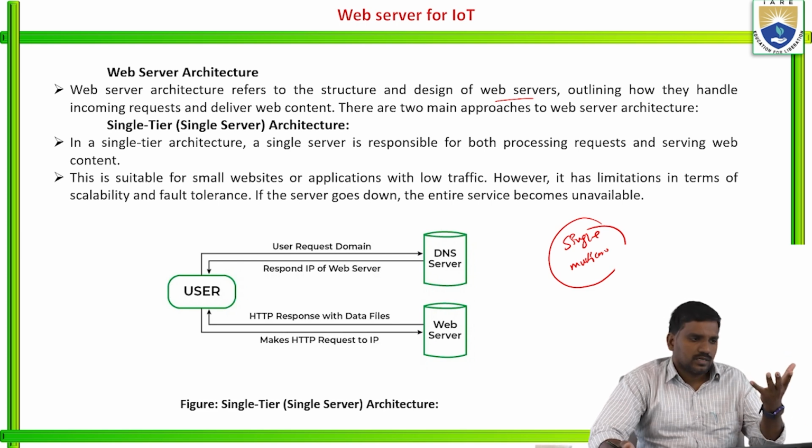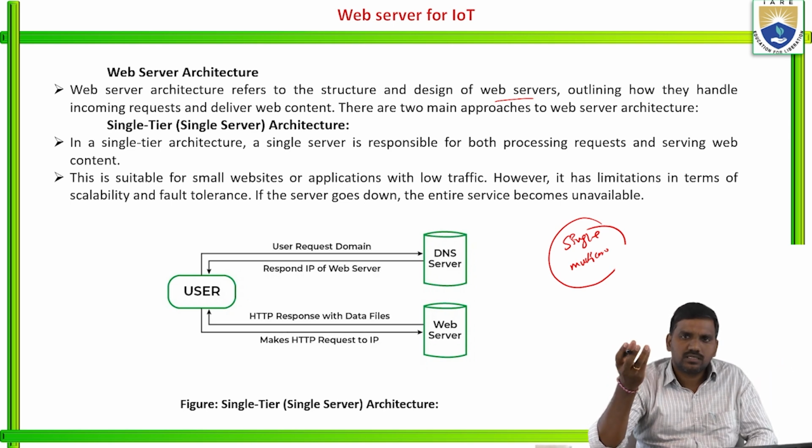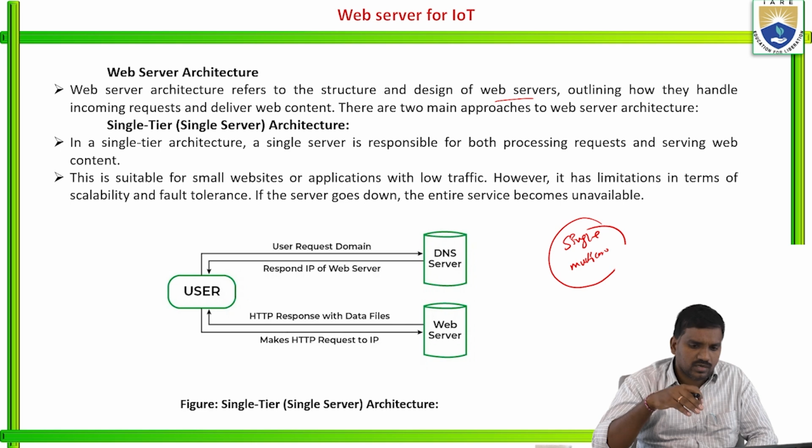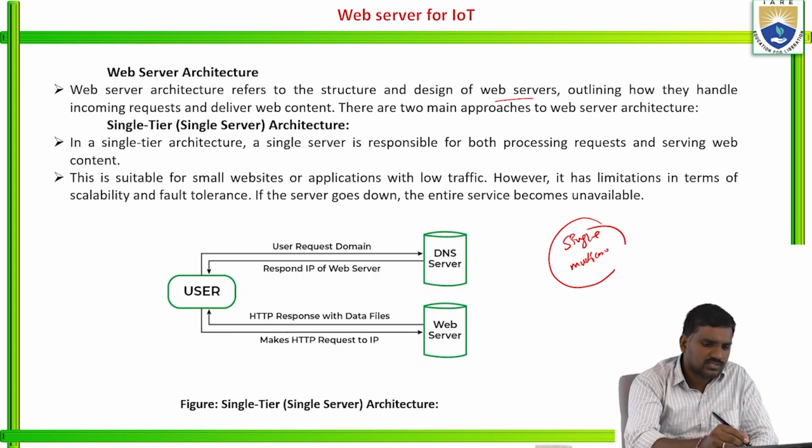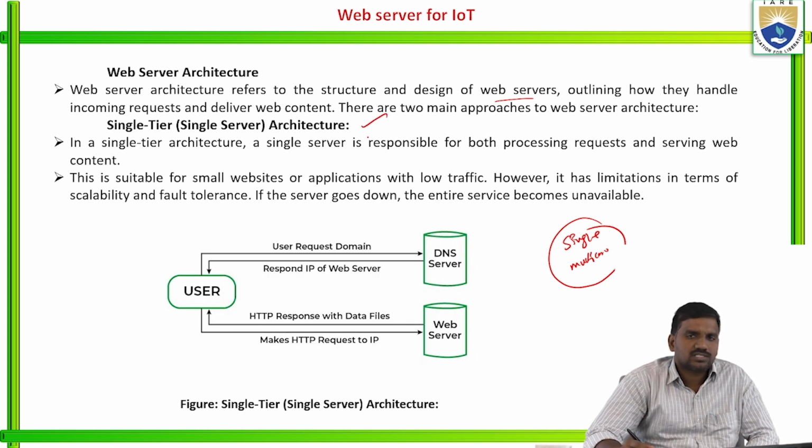They receive some information, and depending on that they send back the information. So receiving and sending are the two main critical roles of a web server. The two main approaches of web server architecture are single tier or single server architecture.